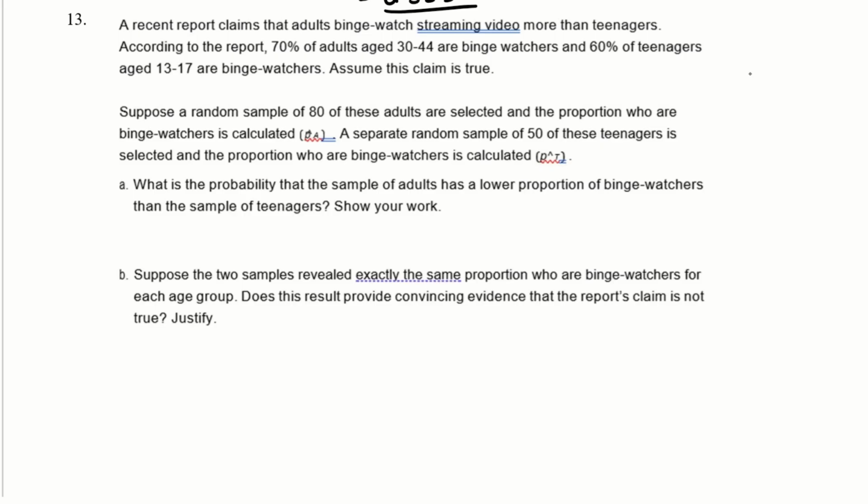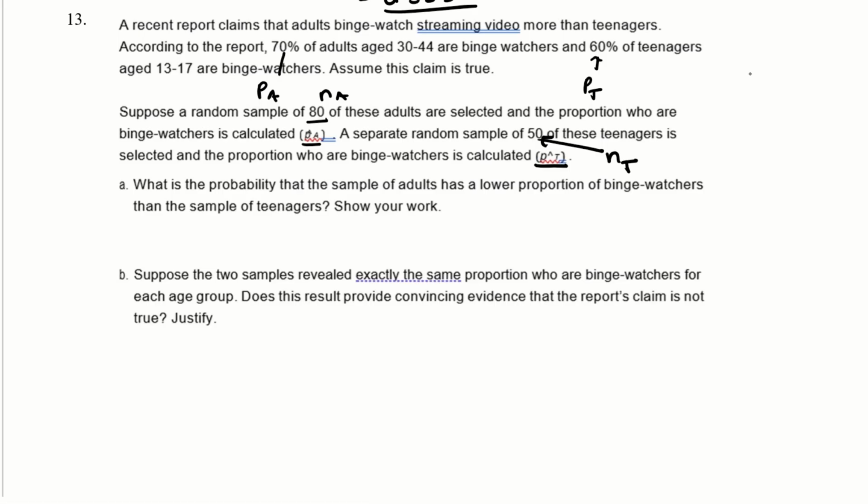So we have p hat A for adults, that's NA, and here this would be PA for adults. And then they use PT for teens, so this is going to be PT, and this is going to be NT.